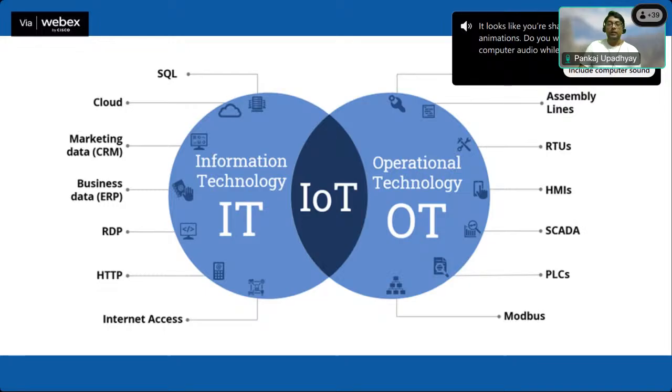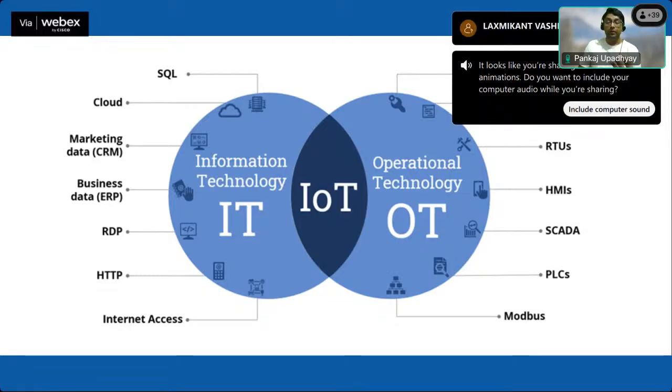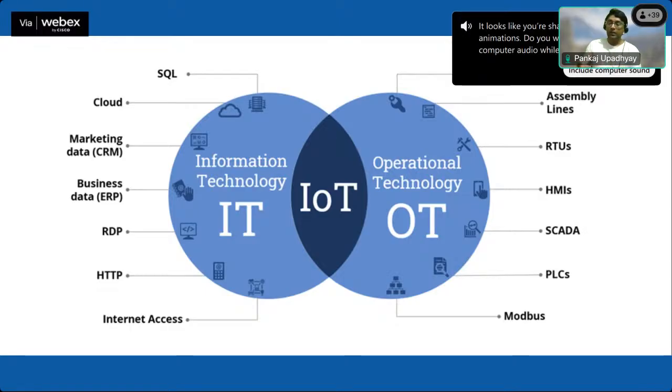Okay. So when we say why OT is important, we consider three major pillars. One is safety, which ensures the safe operation of critical systems like electricity grids, medical equipment, or railway signals.